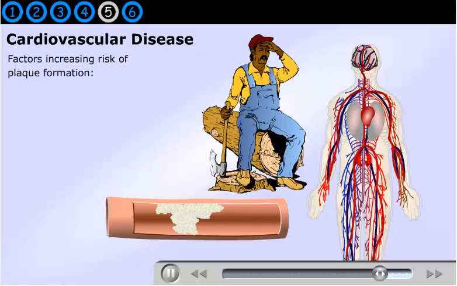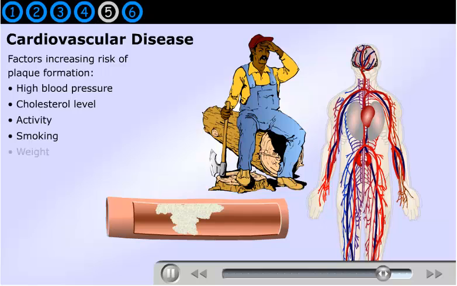Various factors add to the risk of plaque formation, including high blood pressure, cholesterol level, activity, smoking, and being overweight. Smoking is a major cause of cardiovascular disease. If you are under 50, smokers are 5 times as likely as non-smokers to die of coronary heart disease.